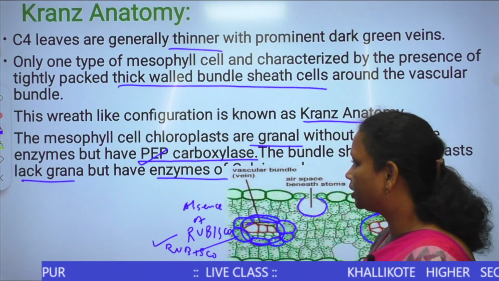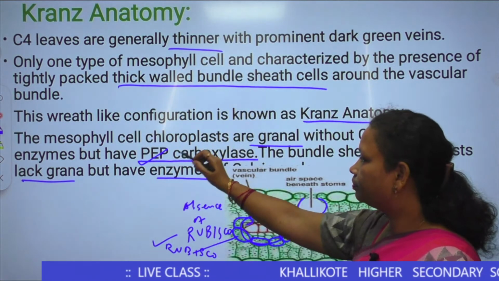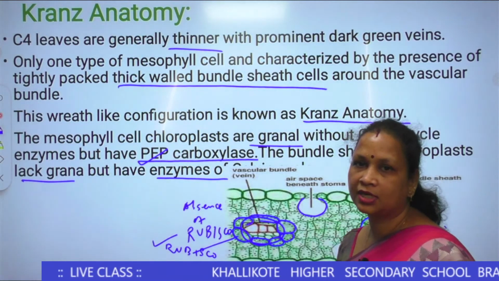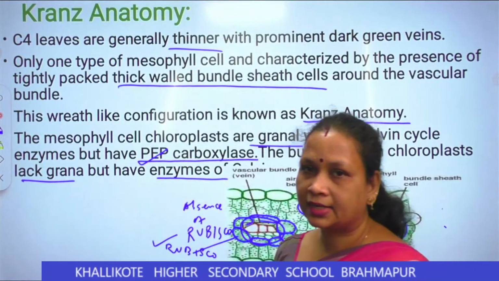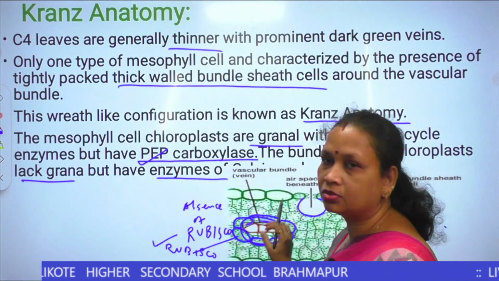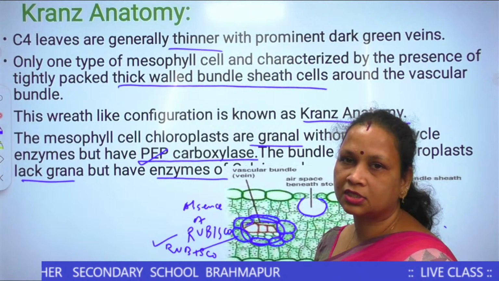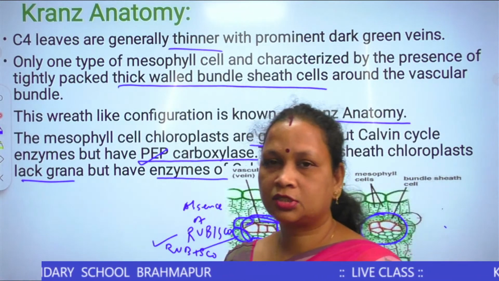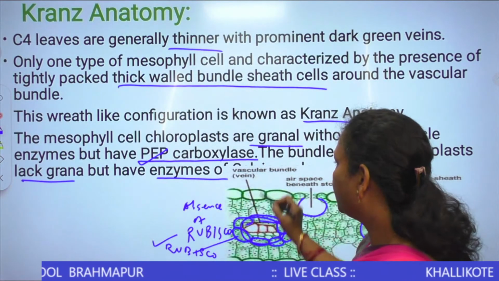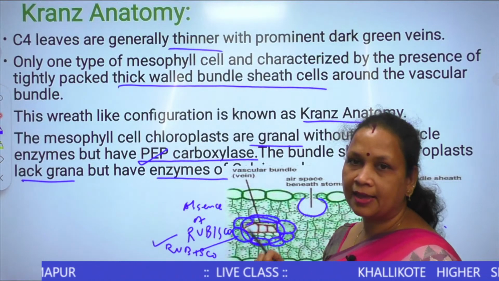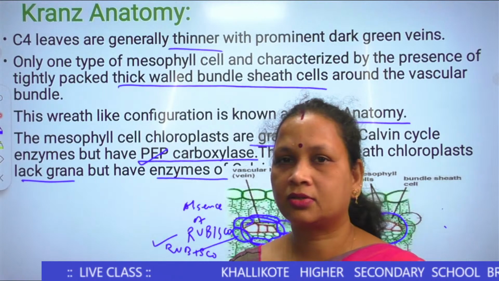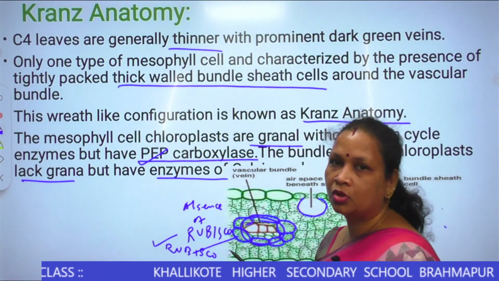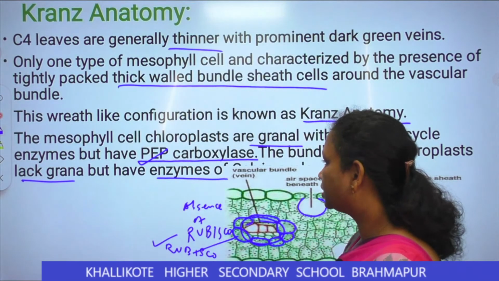So, it has been proposed that the presence of PEP carboxylase is an evolutionary feature to adapt the plant or reduce the loss of photosynthesis by photorespiration. PEP carboxylase is able to concentrate very low concentrations of carbon dioxide, unlike Rubisco, which becomes an oxygenase enzyme.